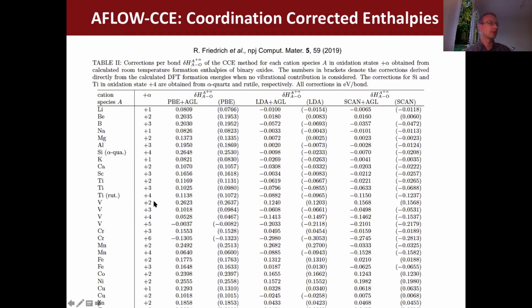And when you look at the corrections, they are also very different. There's actually a nice trend, but they are very different on a per bond basis, by more than 100 meV per atom as I go from +2 to +3. So this oxidation state dependence is also a very important criterion for this correction.